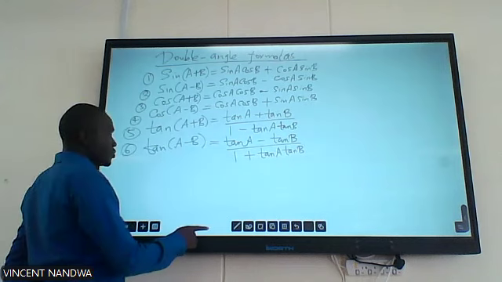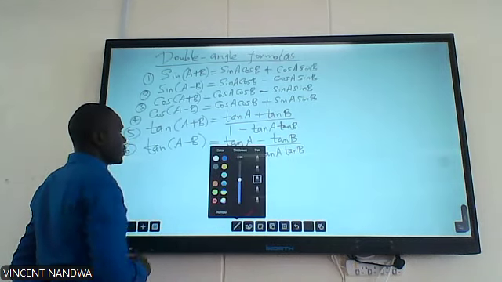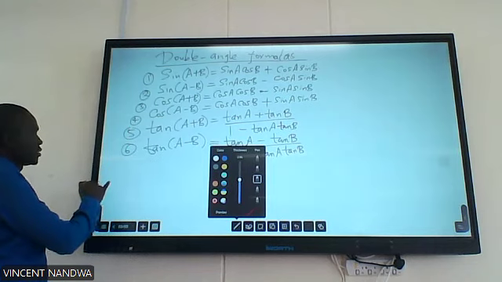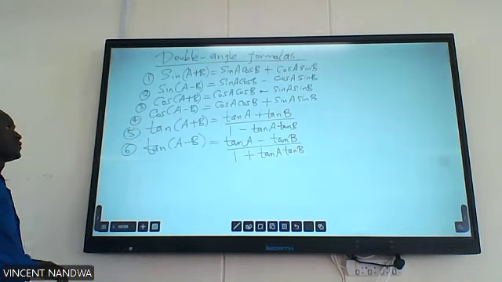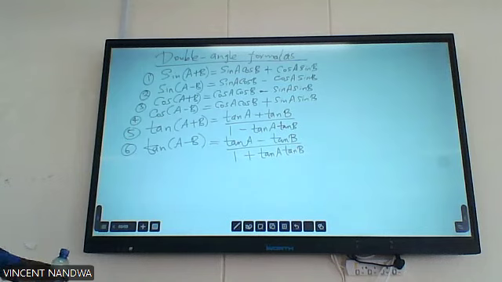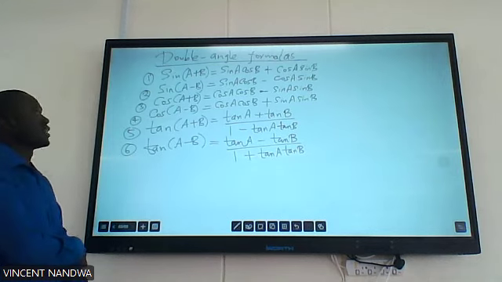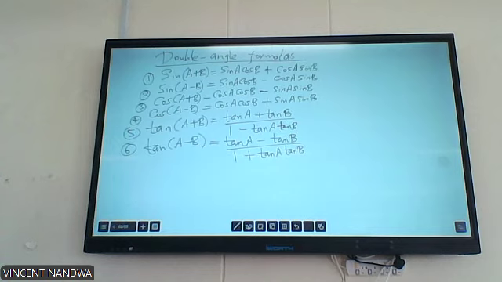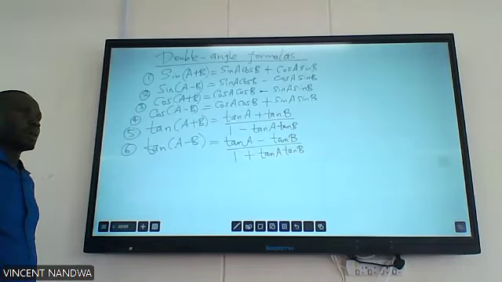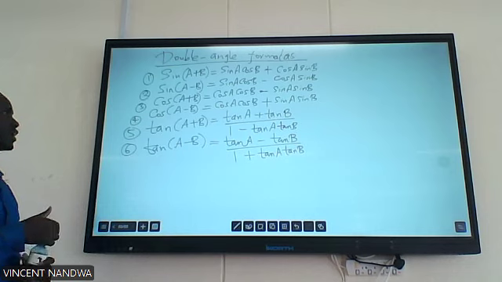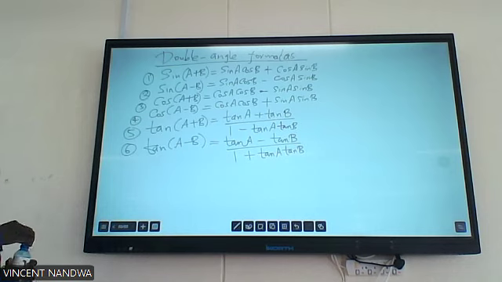We want to use them to generate other more relations. The proofs of these formulas are not the focus here, but all the proofs exist. What matters is how to apply them to generate other relations.